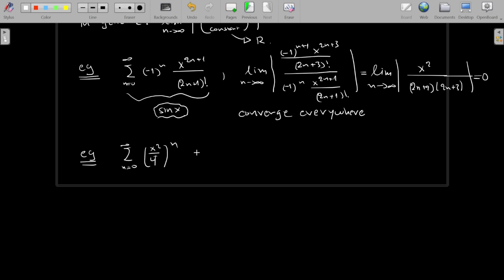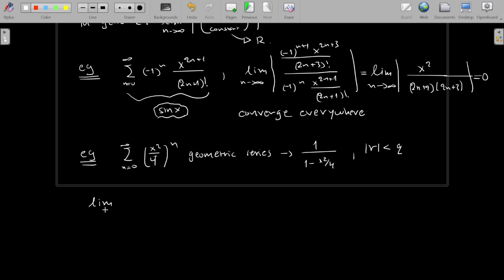Now this is called a geometric series, and its limit of convergence is given as 1 over 1 minus x squared over 4 for the absolute value of x less than 1. Sorry, less than 2. This is given, but we're going to prove it.